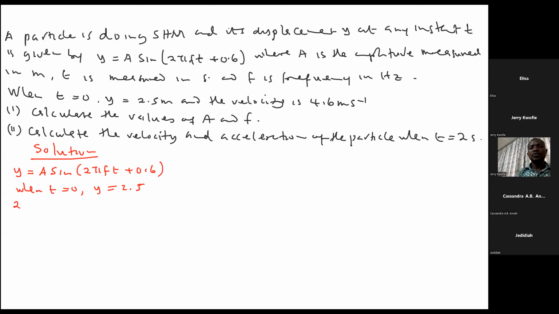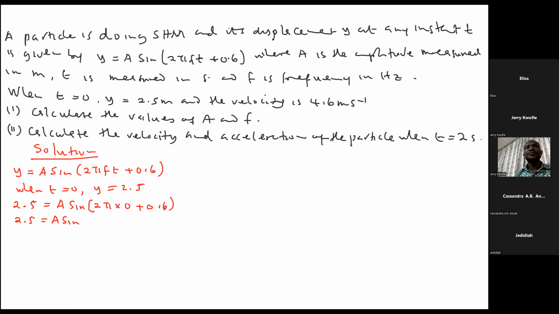So write 2.5 equals A sine (2 pi times 0 plus 0.6). We'll take our time and evaluate the expression in the bracket. If you evaluate the one in the bracket only, what do you get?